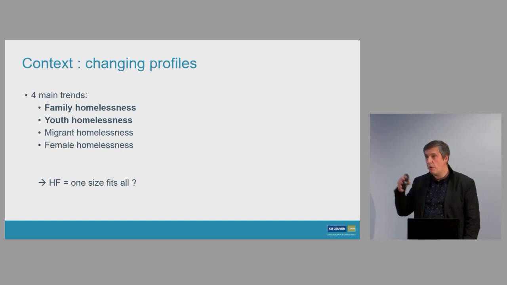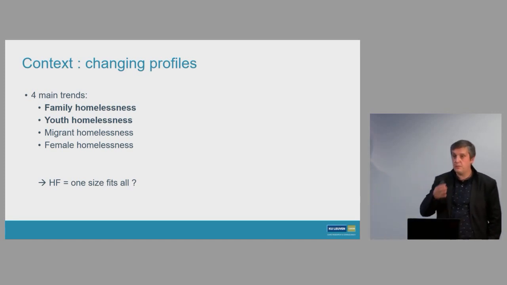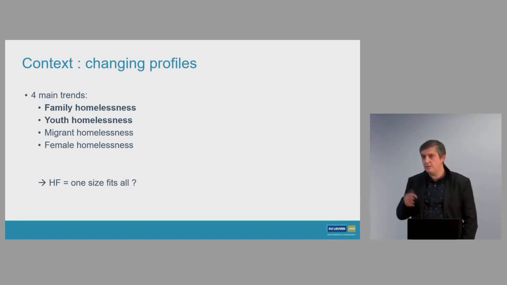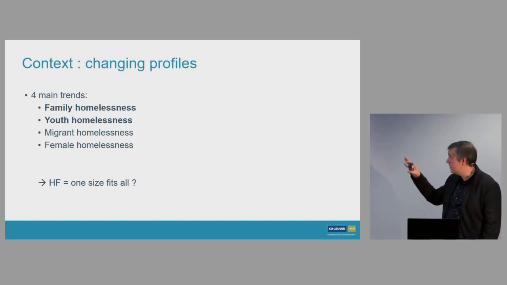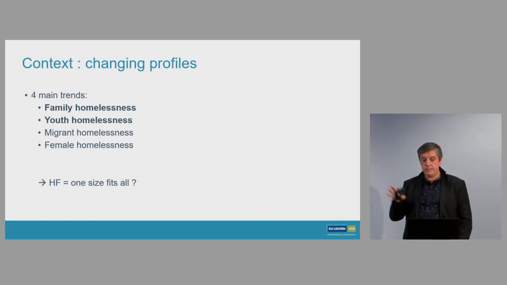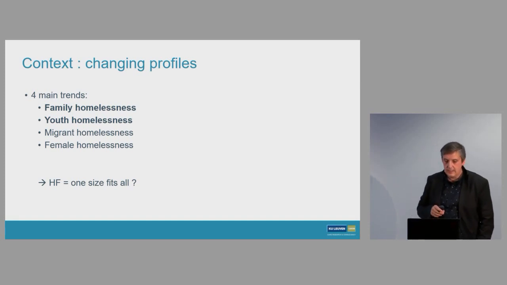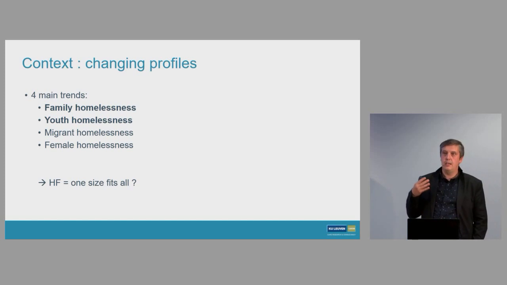We see a growing amount of family homelessness, and also youth homelessness, migrant homelessness, female homelessness, but I mainly want to focus on family and youth homelessness, because this asks us to ask the question, is Housing First still the good model?